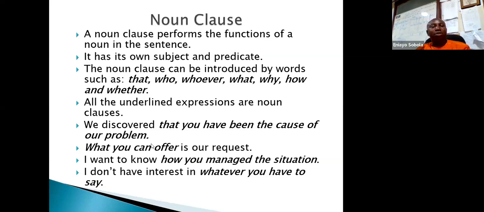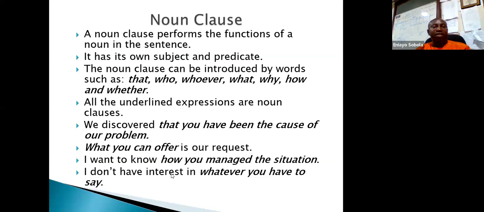"What you can offer" is a noun clause. Another example: "I want to know how you manage the situation." Looking at it, "how" is one of the elements that introduces a noun clause. And the noun clause must have its own subject. What do you want to know? How you manage the situation.